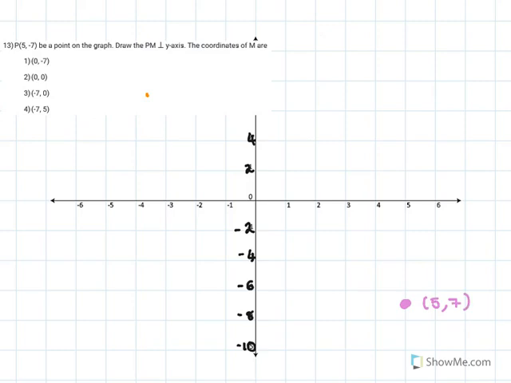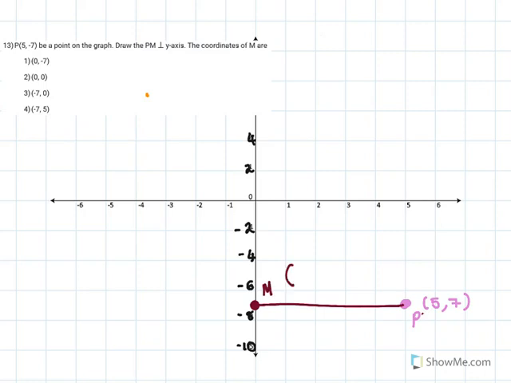And now we make PM perpendicular to the y-axis. So this is my PM, and this is the perpendicular. This is not M, this is P. So here I have my M.